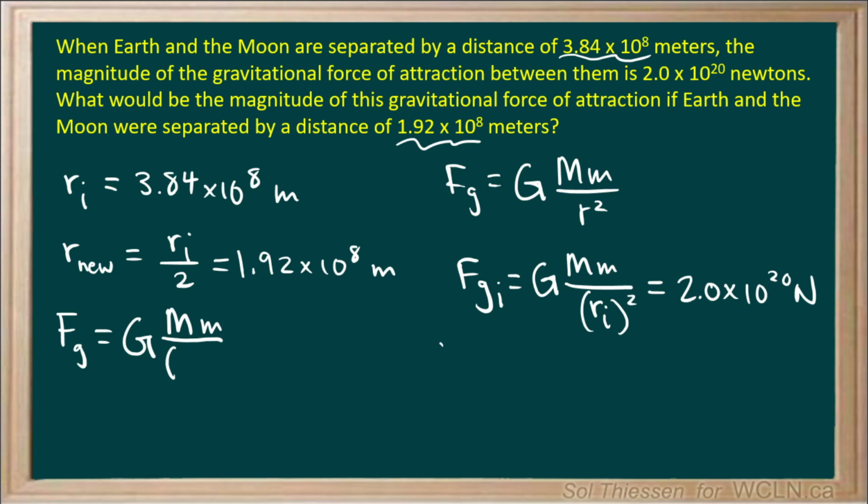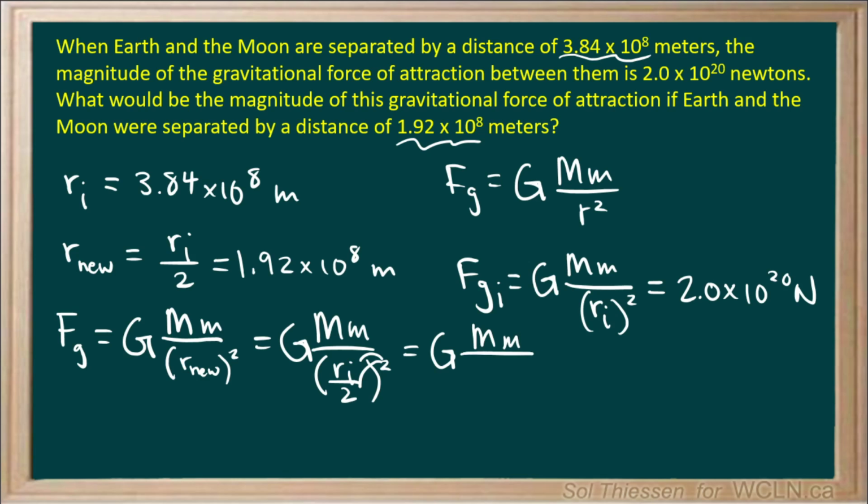So now we're going to divide by the new distance between them squared, which is G M M over r sub I over 2, squared. Now if we apply this exponent, we'll end up with G M M over r sub I squared, divided by 4.